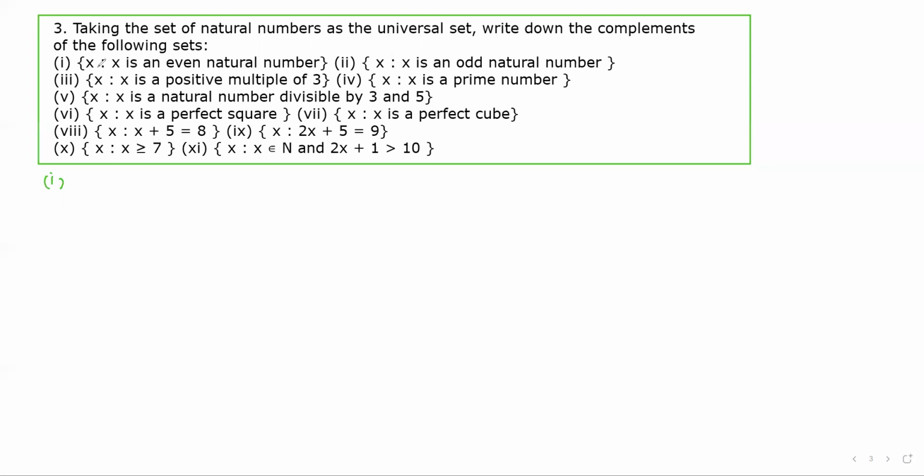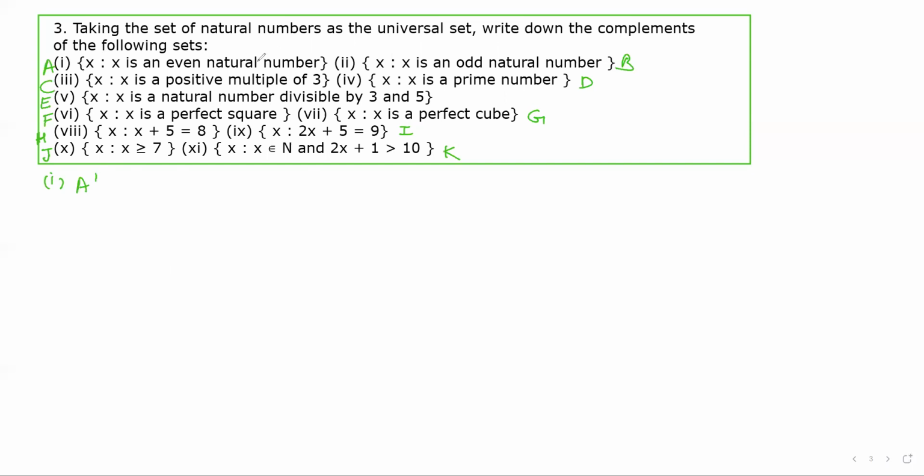So let us consider these as A, B, C, D, E, F, G, H, I, J, K. So you have to find A dash, A complement.